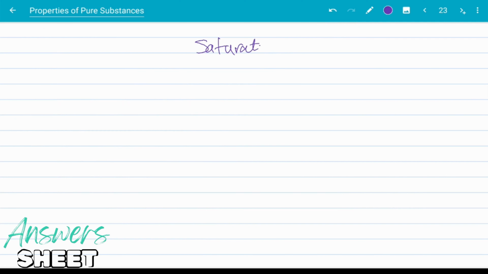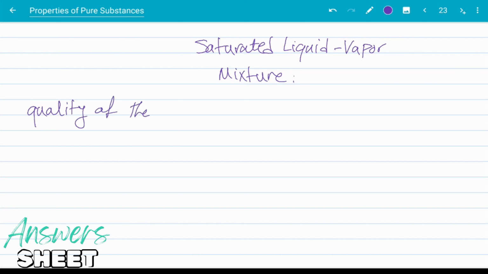Now in a saturated mixture, we need to introduce a new property so that we can pinpoint the exact values of specific volume, enthalpy, internal energy, and everything else. We call this new property the quality of the mixture.